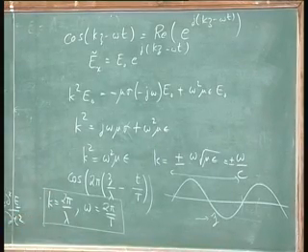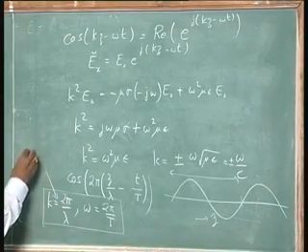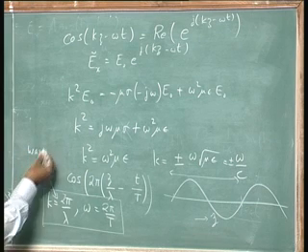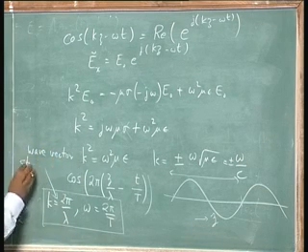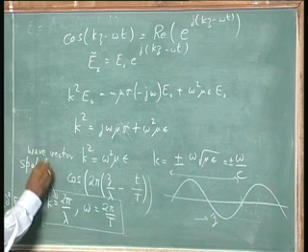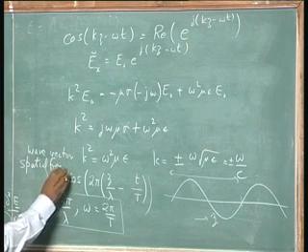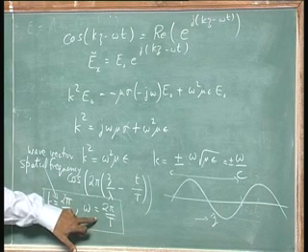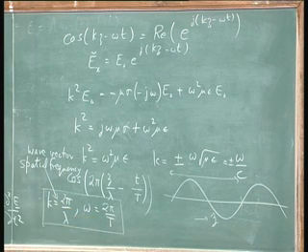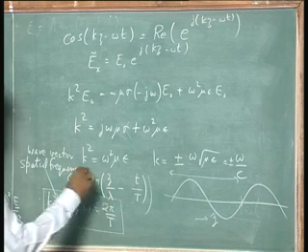K is called the wave vector or the spatial frequency. Omega is the normal frequency, it is the angular frequency of the wave.